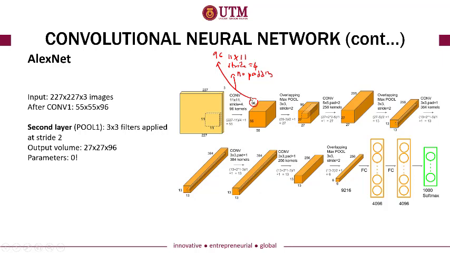So if you want to know how you can calculate how the size has been shrinking from 227 to 55 here, we already discussed that in the previous slide. But if this is difficult for you to count, you can use the general formula, which is easier.